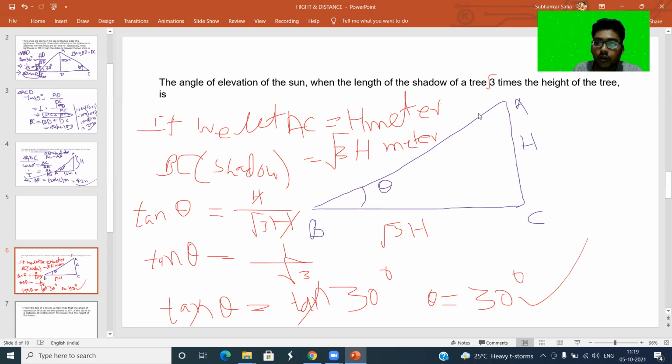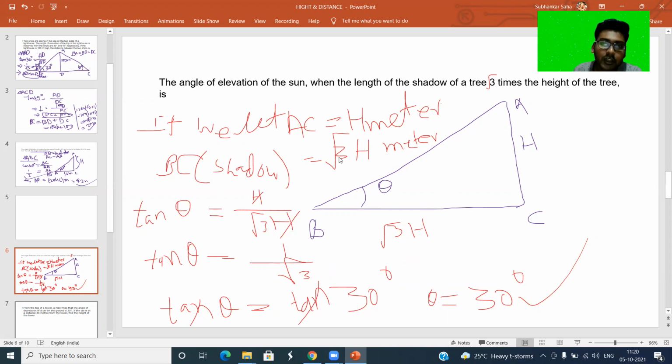In this question there is some error, because it is not 3, it is root 3. In trigonometry, sine, cos, tan theta values for some degrees are in the form of root 3, like root 3 by 2, then 1 by root 3. That's why it is root 3.